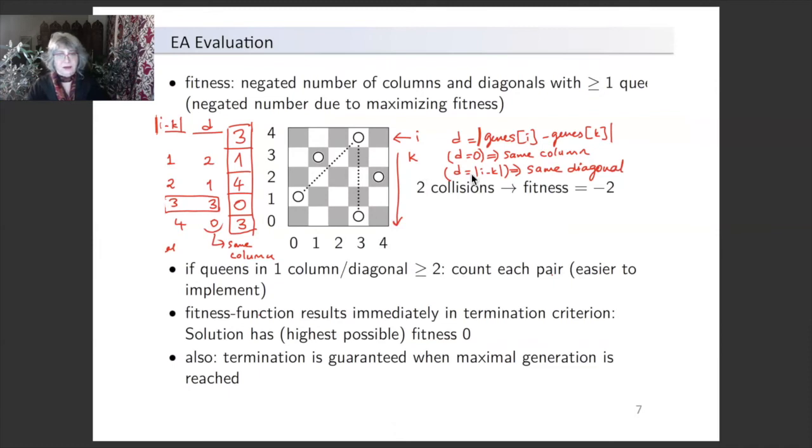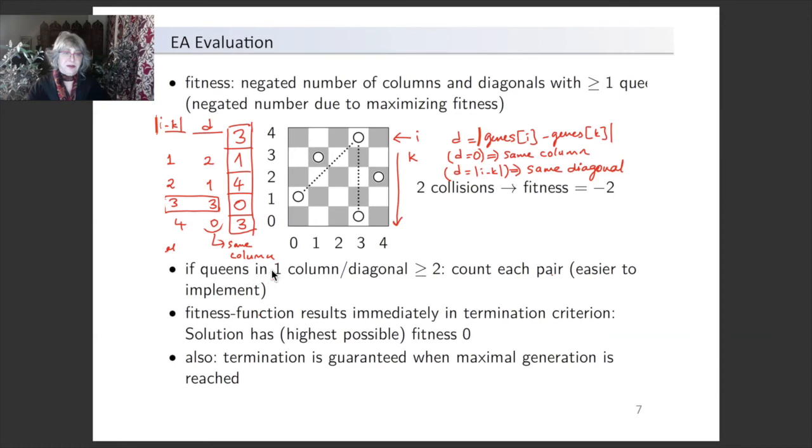For this candidate solution, the fitness is minus 2, since there are two collisions. Notice that if fitness is 0, there is no queen attacking another, so it corresponds to a solution.